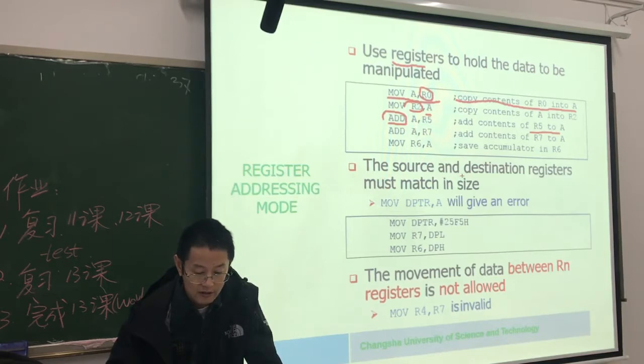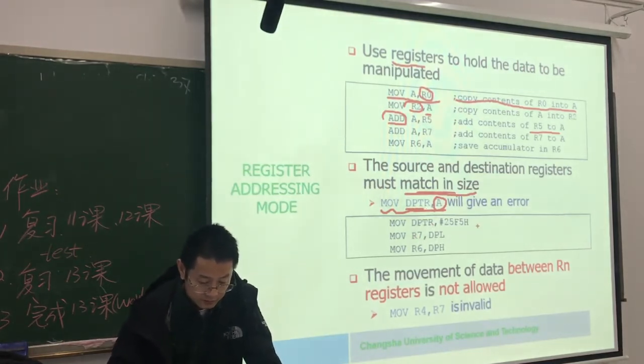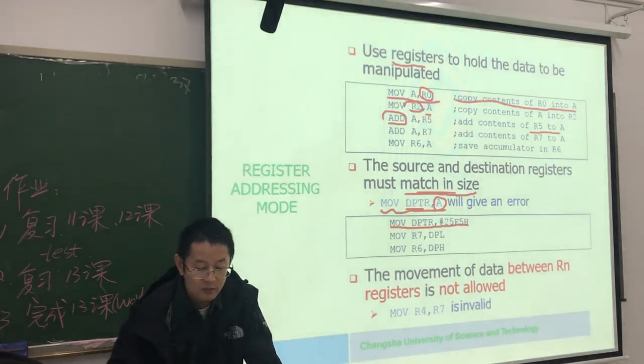The source and the destination registers must match in size. If you do the exercise, MOV DPTR, A will give an error. A is 8 bits. DPTR is 16 bits.